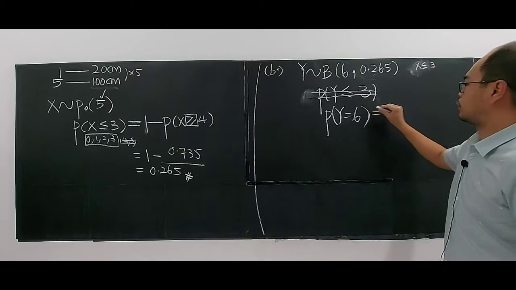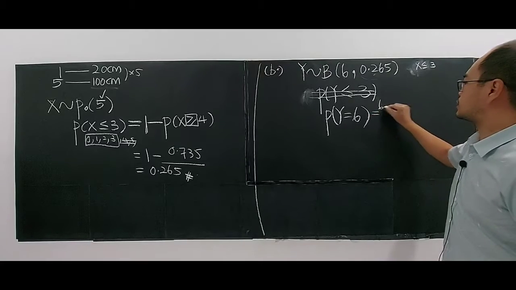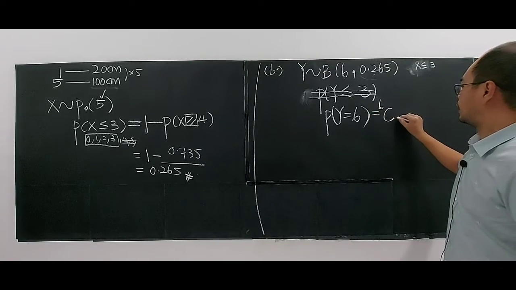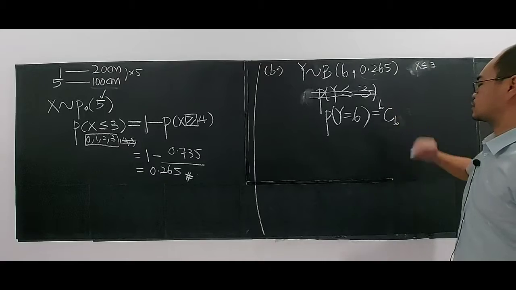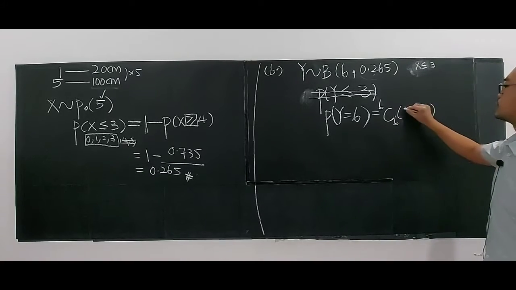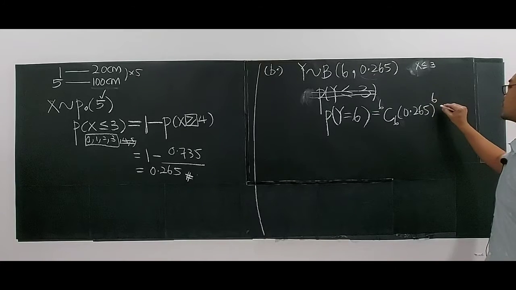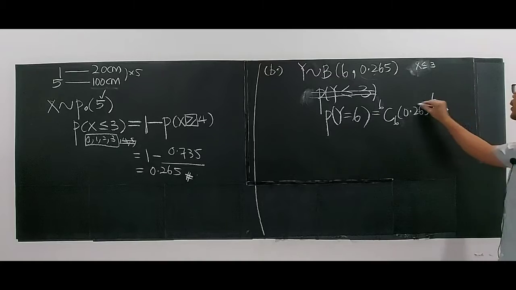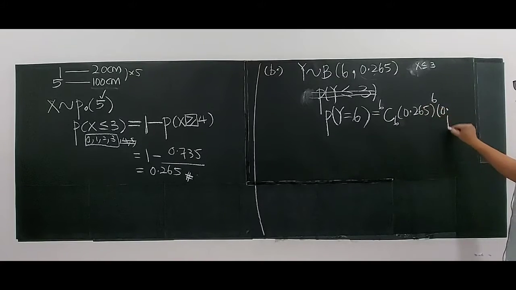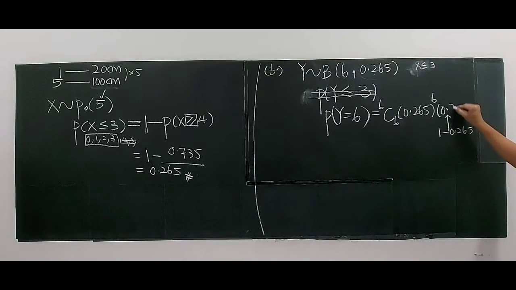So it's a binomial. The formula will be 6C6, with a probability of success 0.265 to the power of 6, and taking 1 minus 0.265, which is 0.735 to the power of 6 minus 6, right?